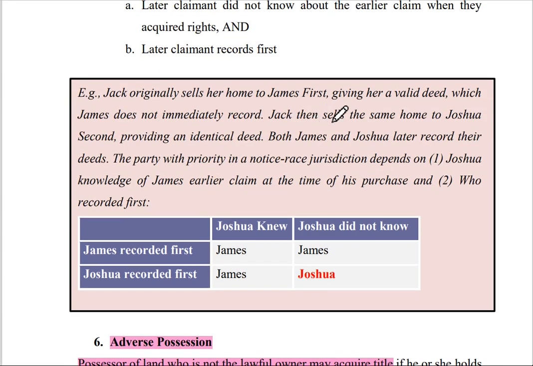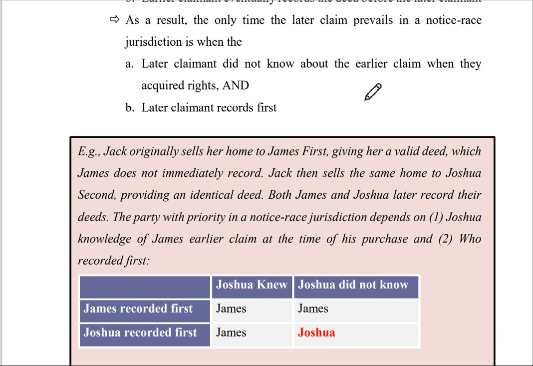So let's get into one particular example to understand this. Jack originally sells his home to James, giving him a valid deed, which James does not immediately record. Jack then sells the same home to Joshua, providing an identical deed. So now both James and Joshua have the deed, and both of them record it.